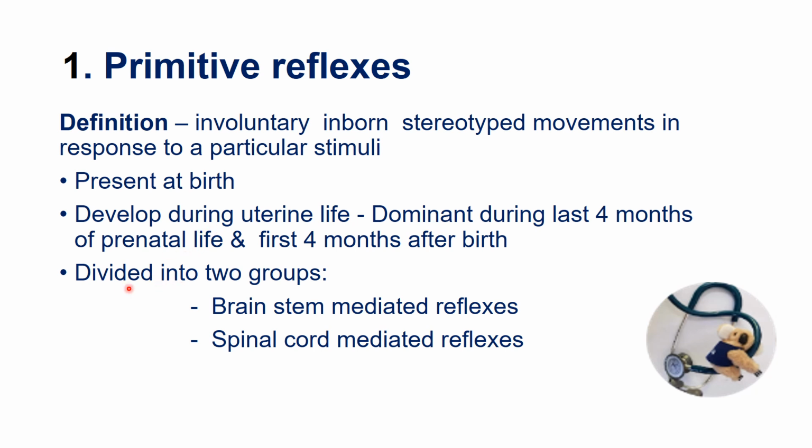This is divided into two groups: brainstem mediated reflexes and spinal cord mediated reflexes. We'll see which are the brainstem mediated reflexes and which are spinal cord mediated reflexes. I'll be explaining each reflex with the stimulus, the response, and then the duration.